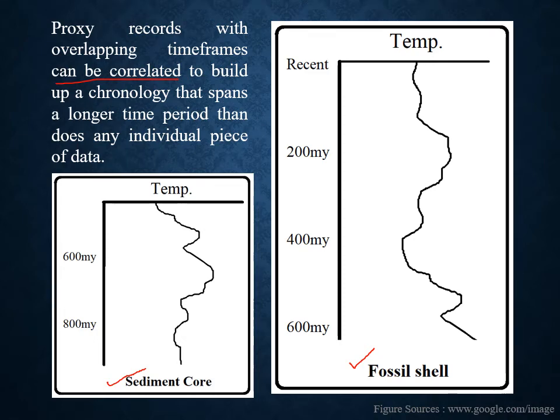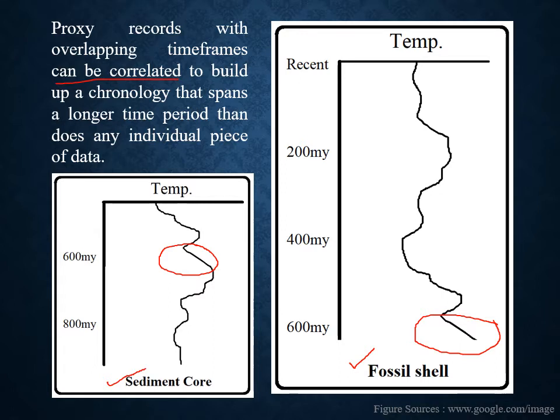Now you can see that in these two records, this portion, the temperature record around 600 million years, is common. So when we match these two records, when we overlap this time frame and the temperature record, we can get the temperature data for a longer amount of time.